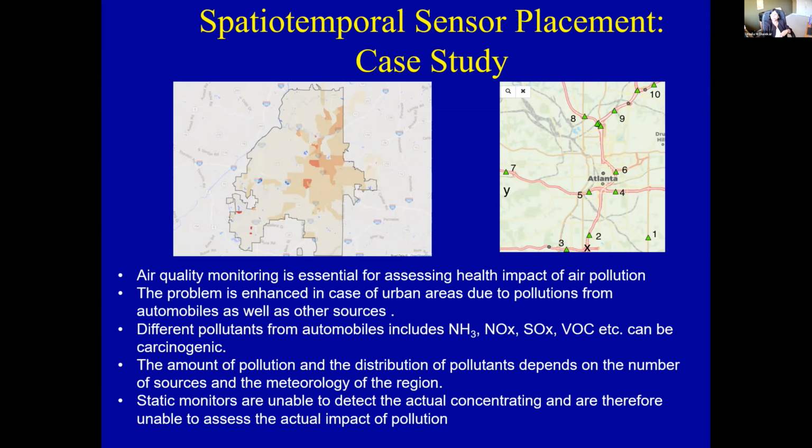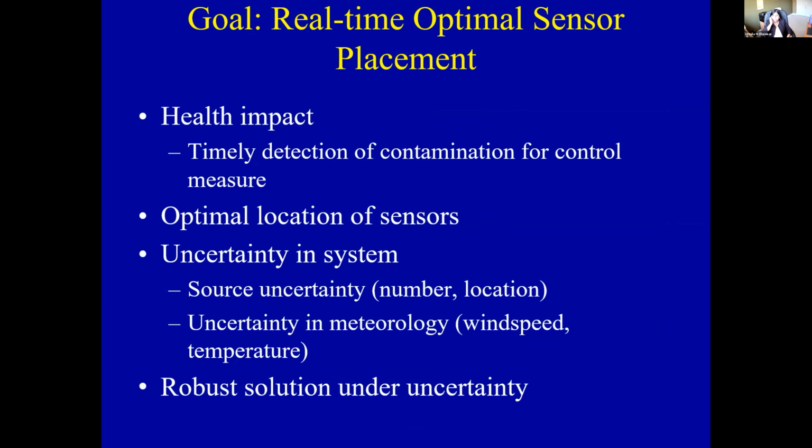And I can show you the example. And so we could do real-time optimization of sensor placement for this study. Okay. So the aim was timely detection of contamination for control measures.